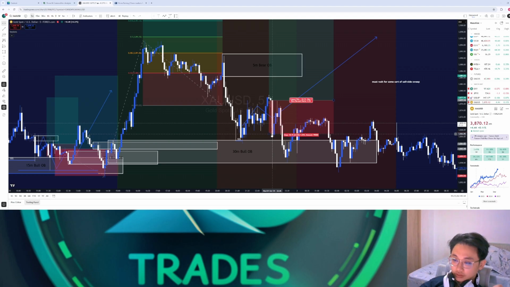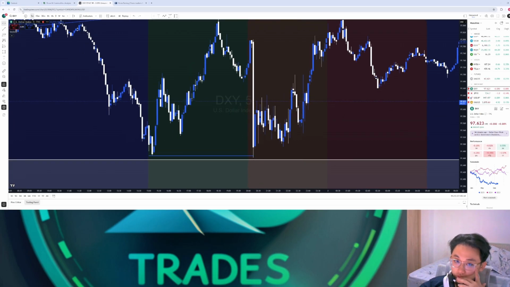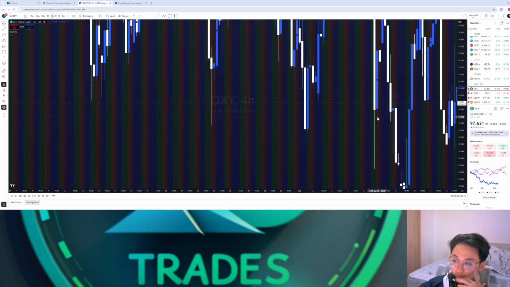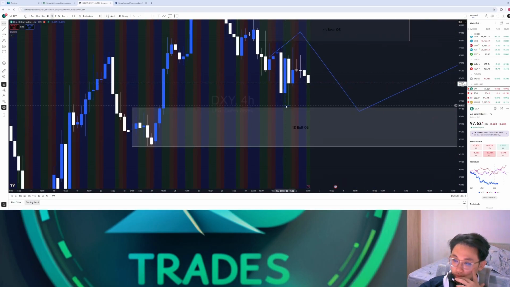Supposedly, a shutdown and bad NFP results means gold should pump. But in this case, gold swept a very important sell side liquidity, as seen here. It swept 4-hour candle liquidity and then pumped up.